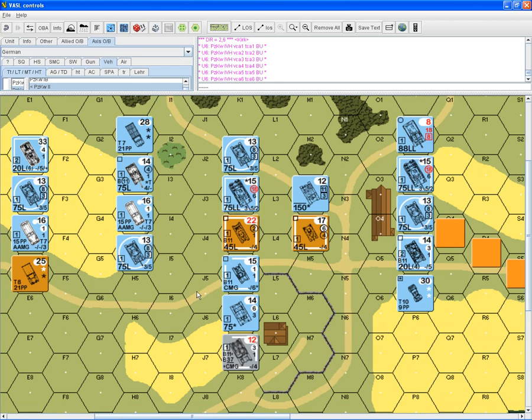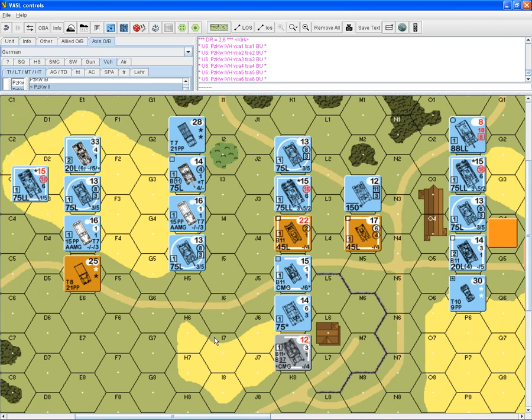And each vehicle is also going to have its own special information related just to that kind of vehicle, which you'll have to look at the back of your counters to see.